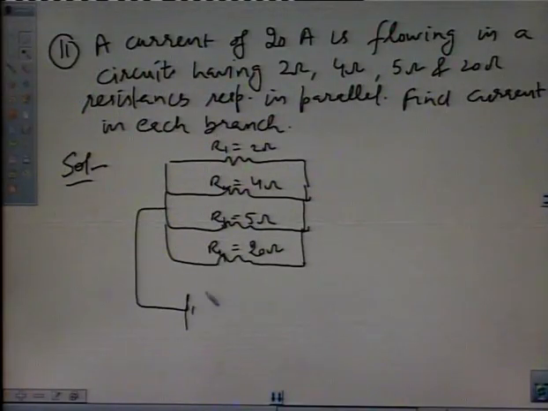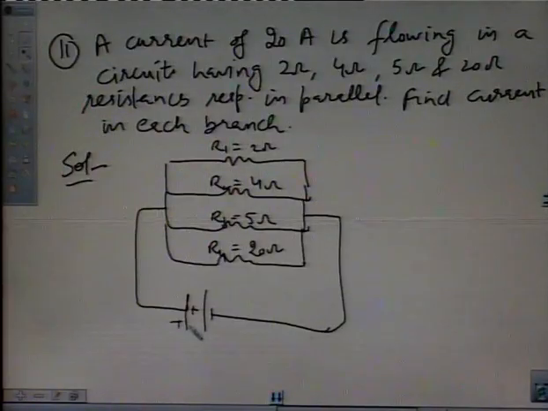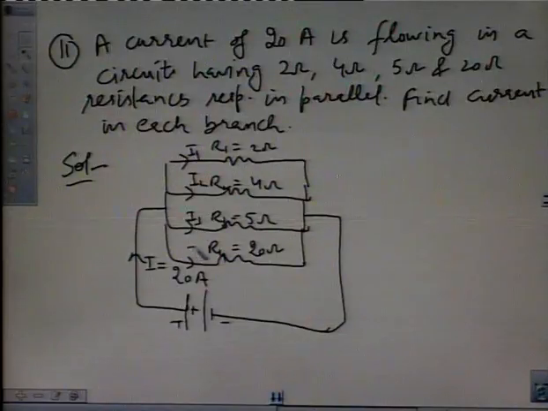These are connected to a battery, and a current I is flowing, which is equal to 20 ampere. Now in case of parallel combination, the current I gets divided into 4 parts: I1, I2, I3, I4.